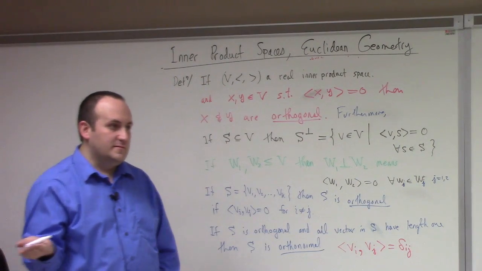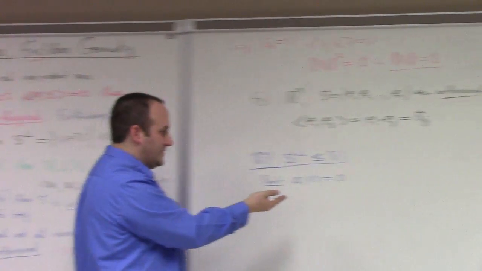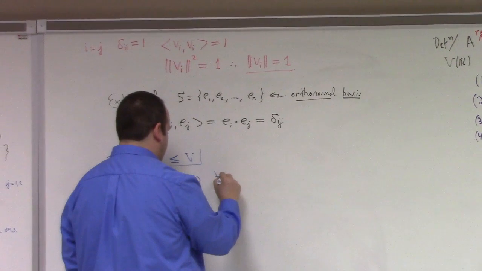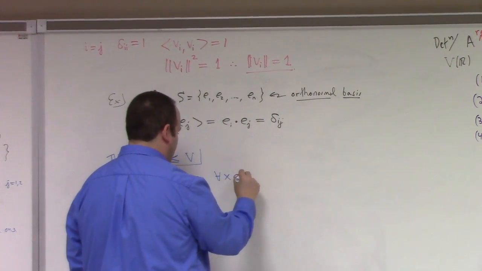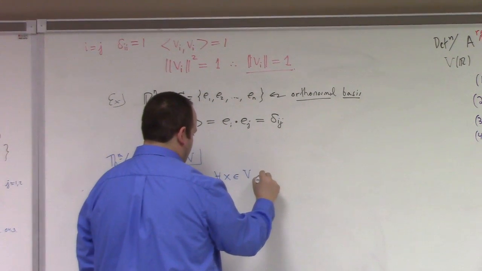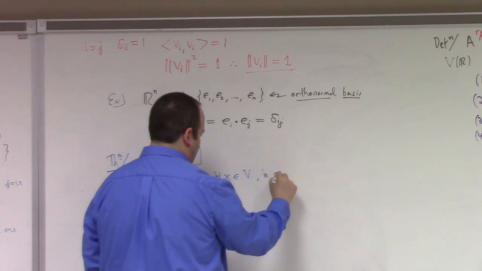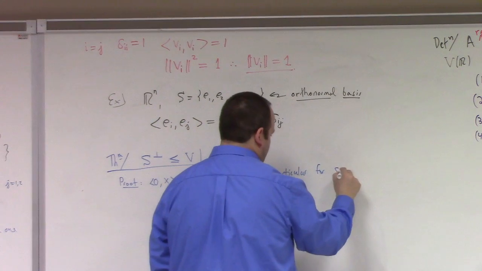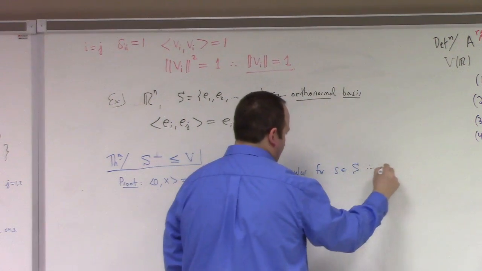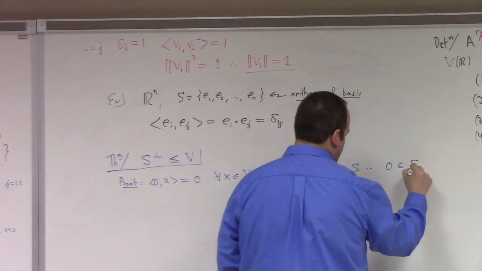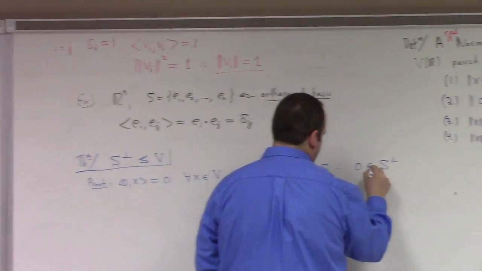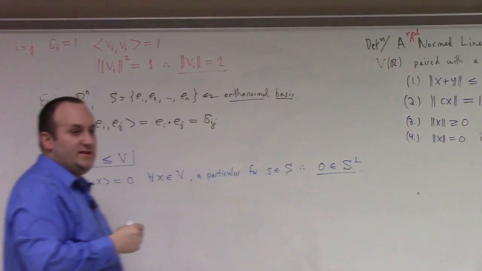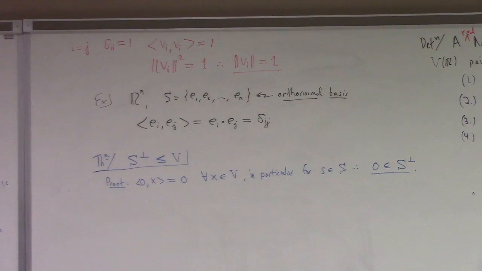That's true for all x in V, but in particular, that's true for S. So therefore 0 is an element of the perp. So the perp is not empty. We're using the subspace test.